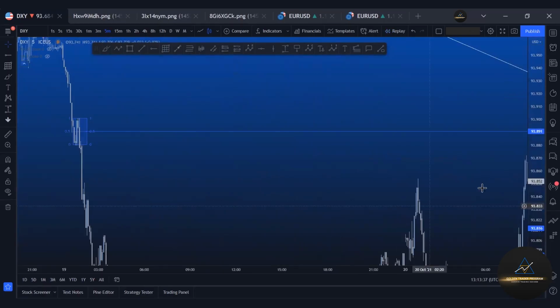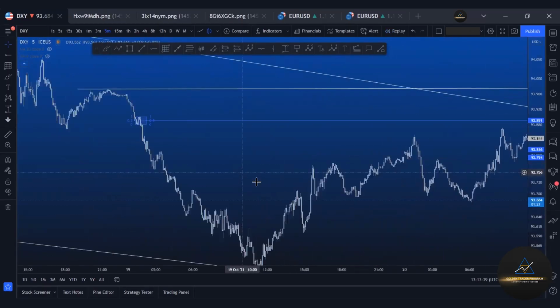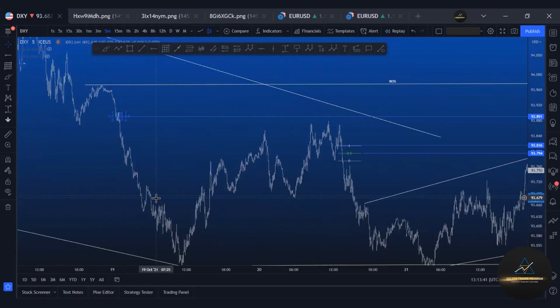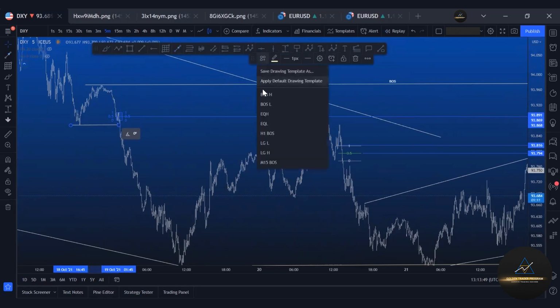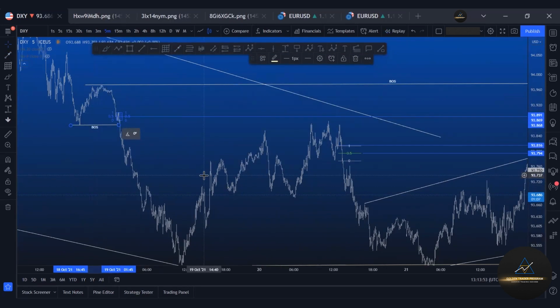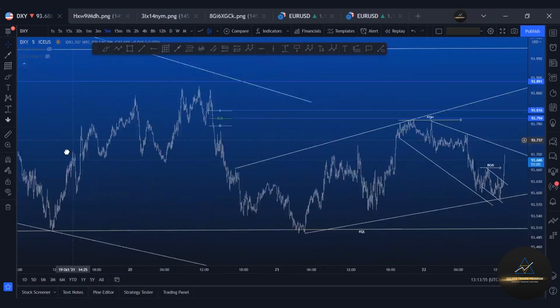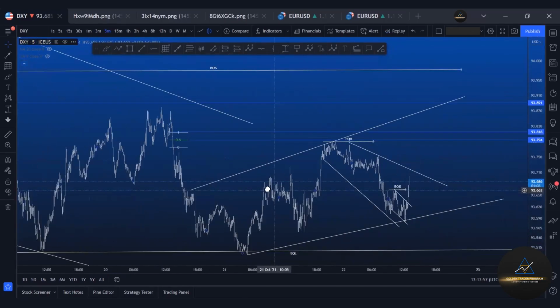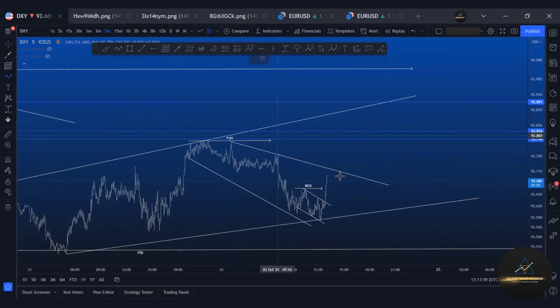Okay, let's go back to the current time. This is a good target, right? So that particular target, this banker block right there, especially because it was the move that took out previous structure, right? So it's got all the confluence for a lot of profit taking and, you know, potential sell. So this is where I'm expecting the dollar to go to next.